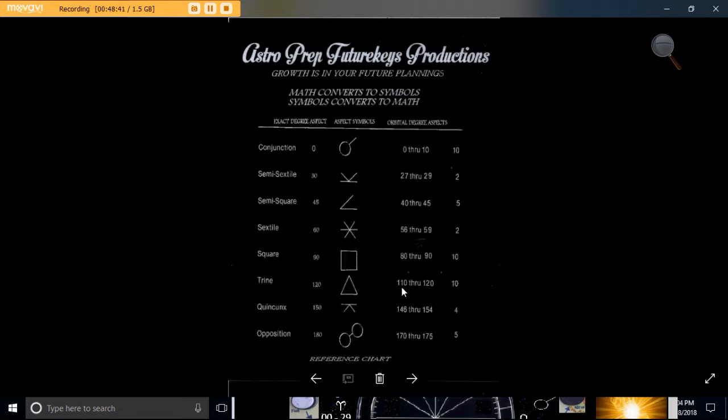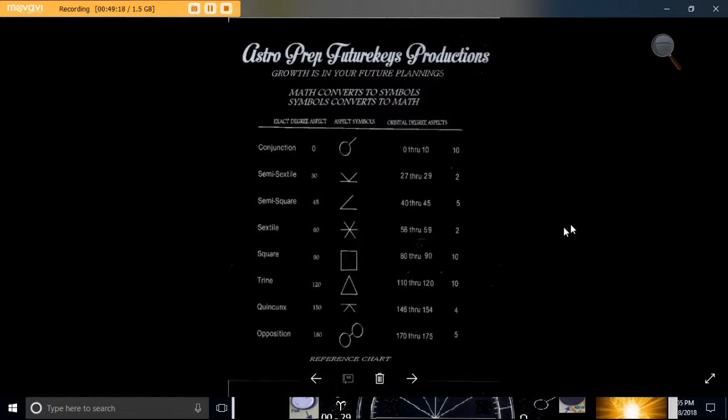And it relates to 110 through 120 degrees with a 10 degree orbital effect. That means it's still in effect after it leaves 120 by 10 degrees. Okay, and when you have, say, the moon in your chart, when you break down your aspects, you'll have the moon, say, trine your Mercury.